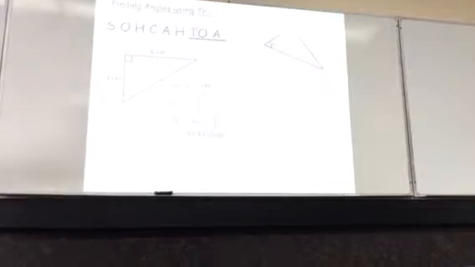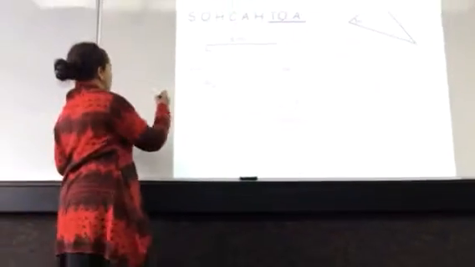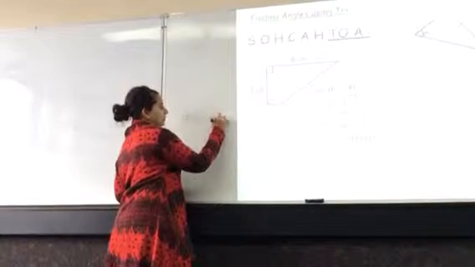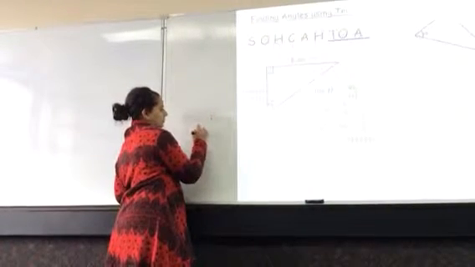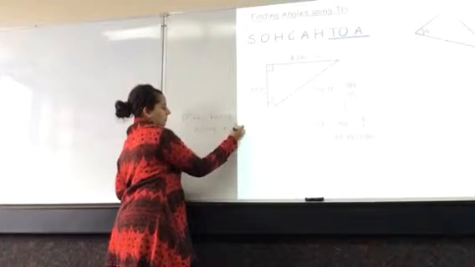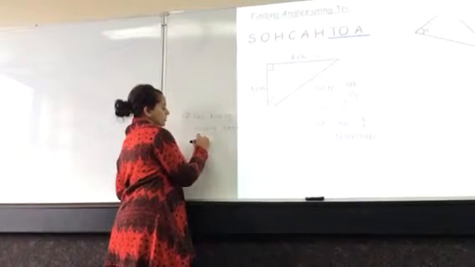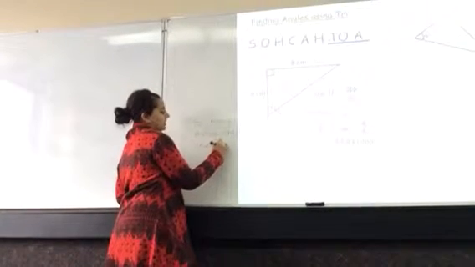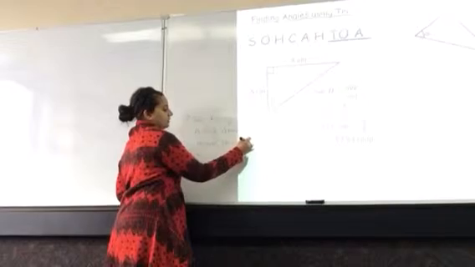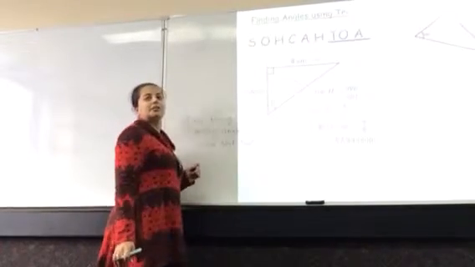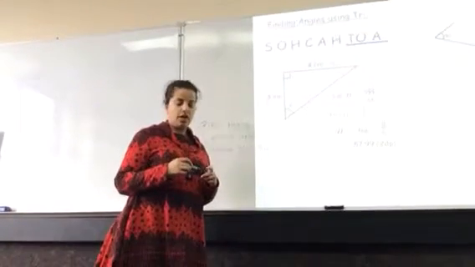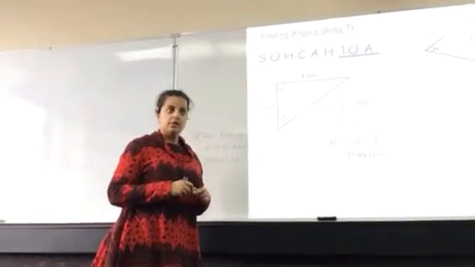For finding missing angles, it's the inverse, which is shift, whichever trig relationship it is. Shift trig. So it's always the -1. Any questions regarding that?